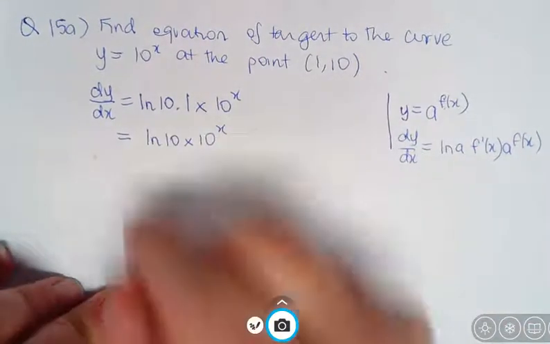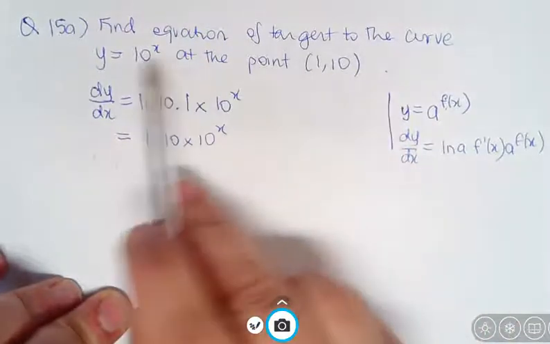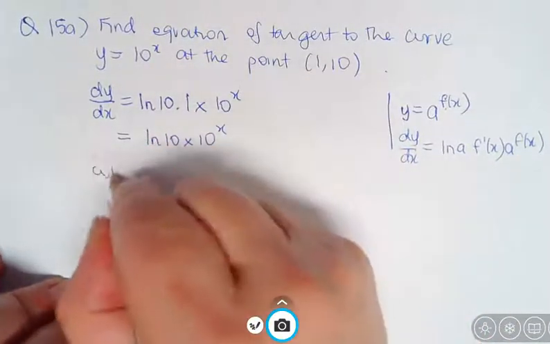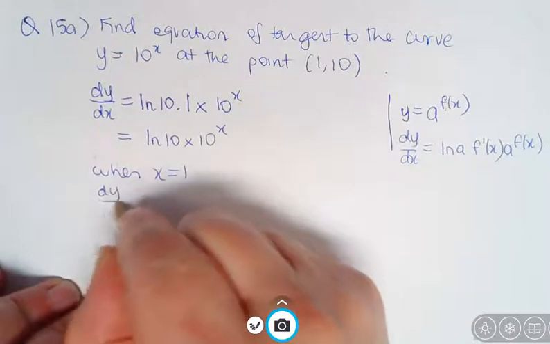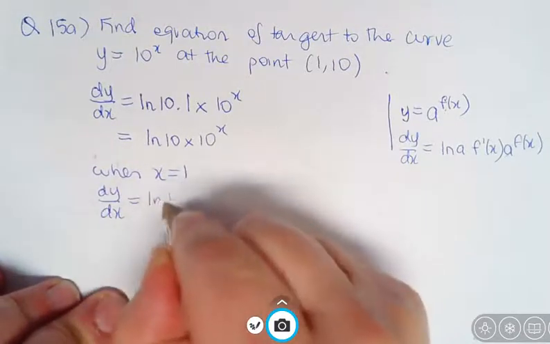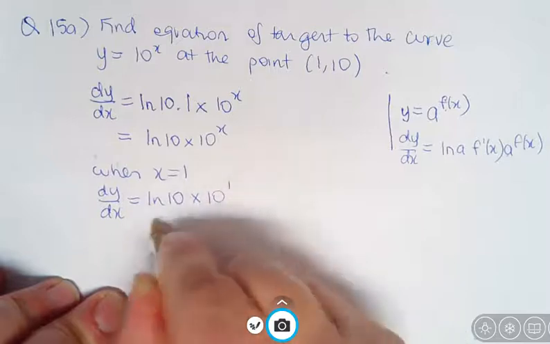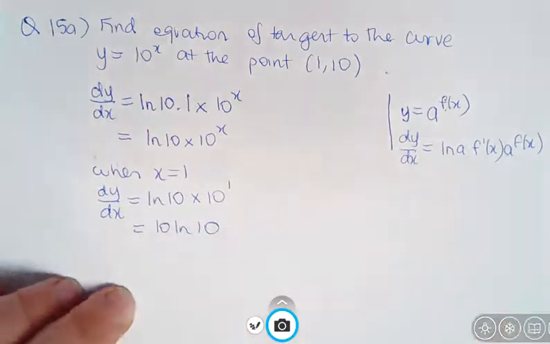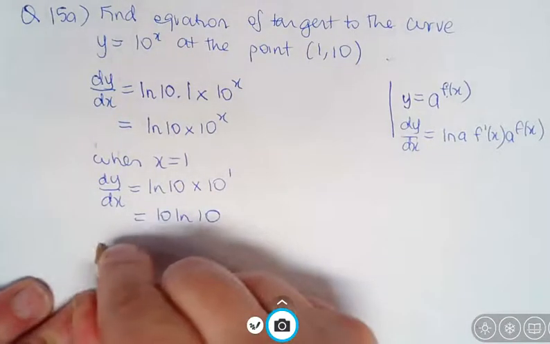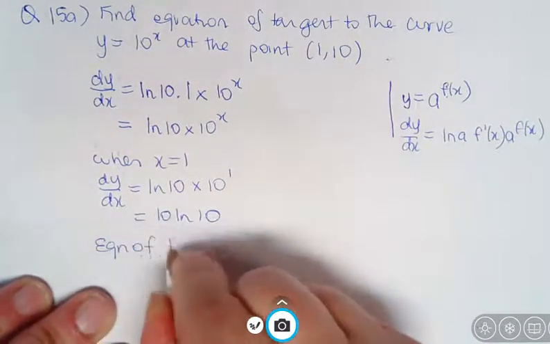That's your derivative. Now we want the equation of the tangent at the point 1, 10. So when x is 1, the gradient, dy dx, is ln 10 times 10 to the power of 1, which is 10 ln 10. And now we want the equation of the tangent, and you would just use your point gradient formula.